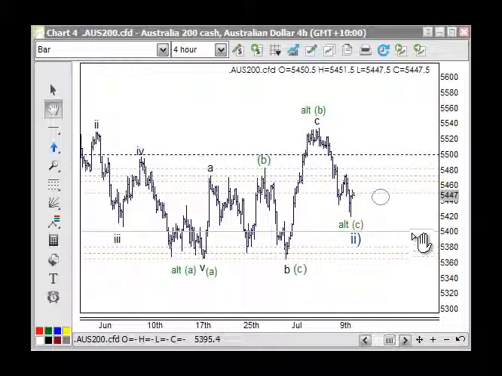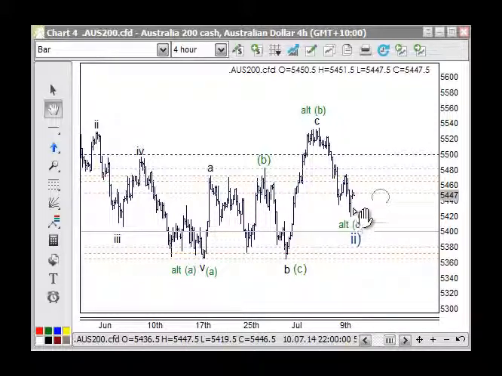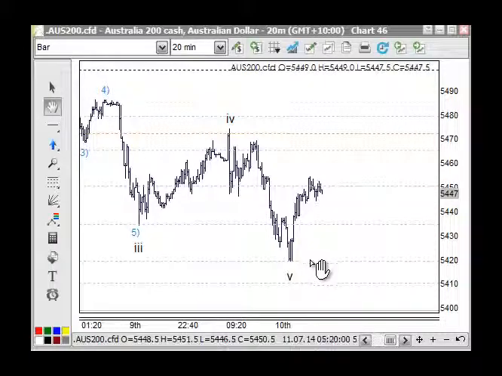With the ASX 200 here, I guess if the 5,400 here was breached, then we would have a particular weakness here as well. This move up here, and on most indices overnight, even though it was lower, this move up through here appears to be impulsive, so in 5 waves.